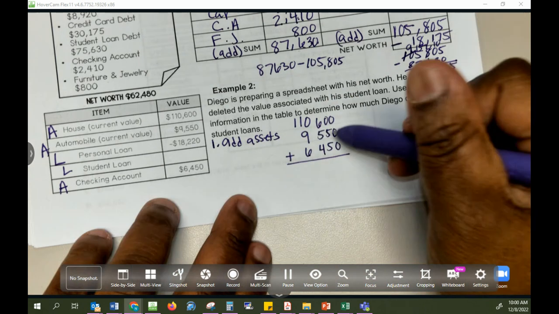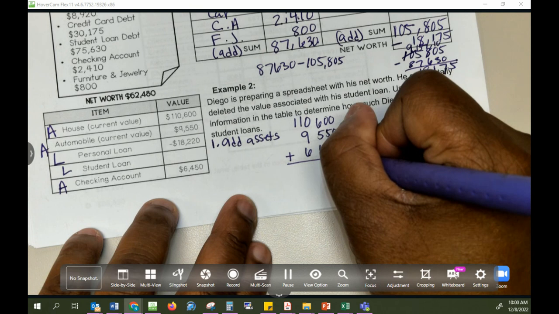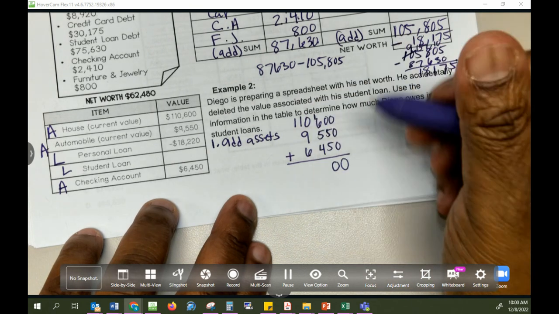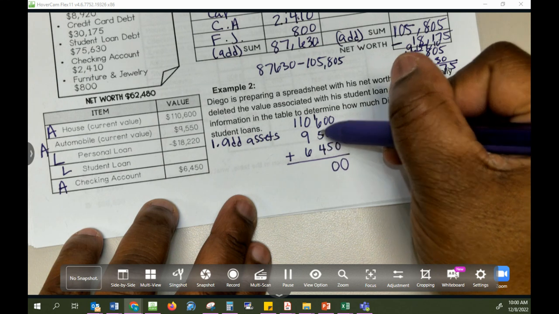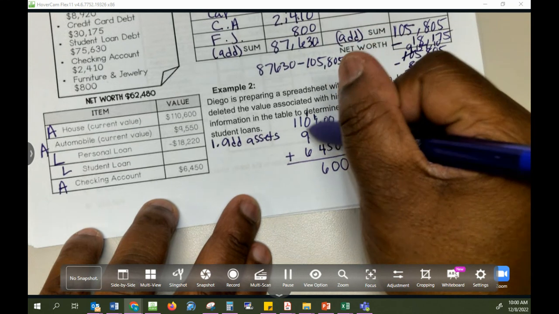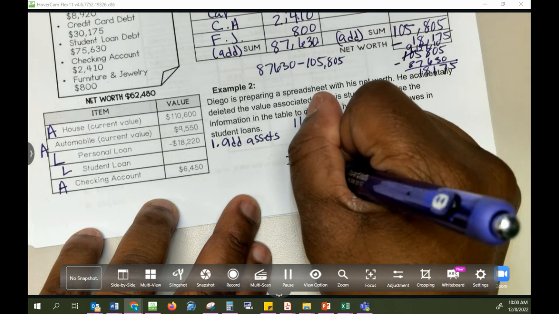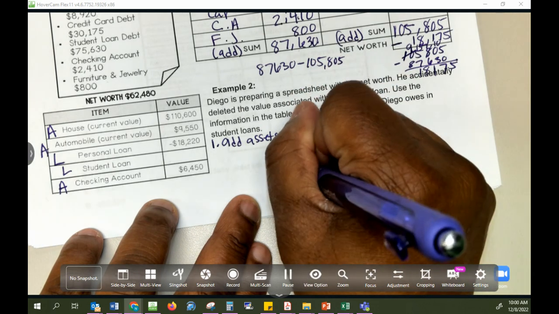So we got to add these numbers up. Make sure you line your numbers up correctly. That's 10. So I carry the 1. That's 6 and 4. That's 10. That's 15 and 1. That's 16. So 6, carry the 1. That's 9 and 1. That's 10 and 6. That's 16. Carry the 1. 1 and 1. That's 2. And then the 1.